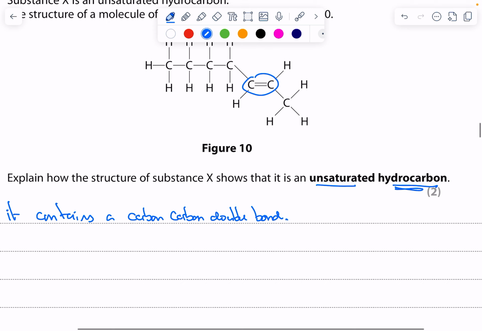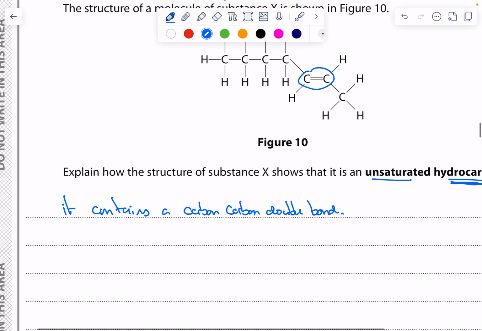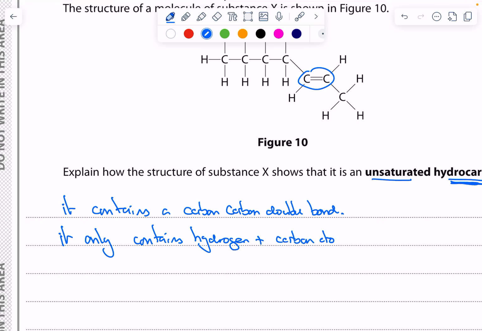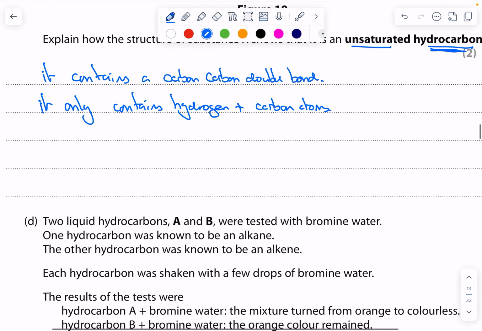And the reason it's called a hydrocarbon is because all the atoms are hydrogen or carbon. So it only contains hydrogen and carbon atoms to get, there's 2 marks for that.